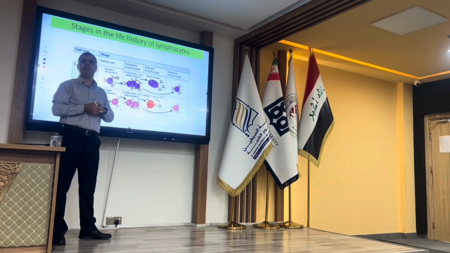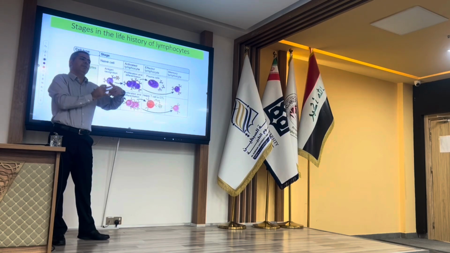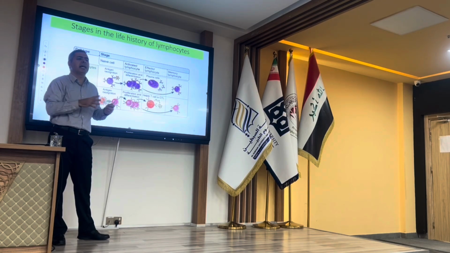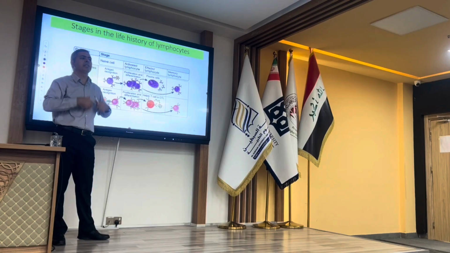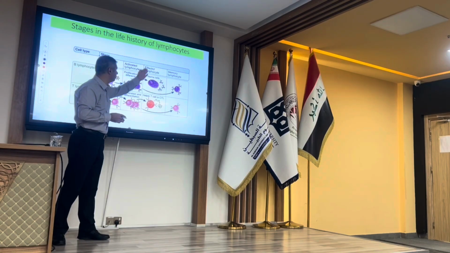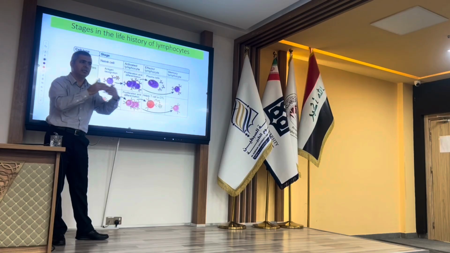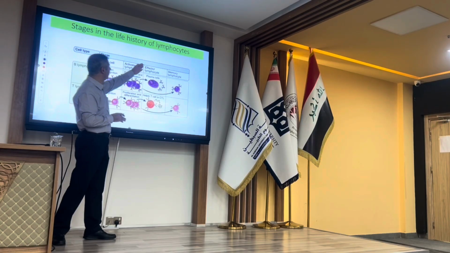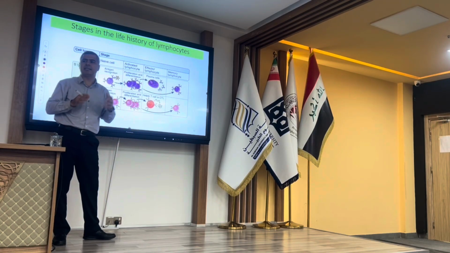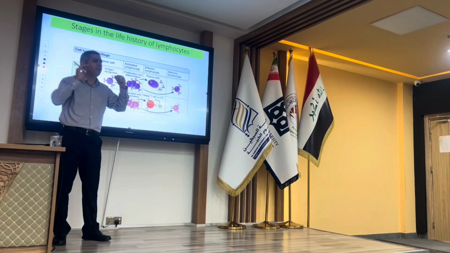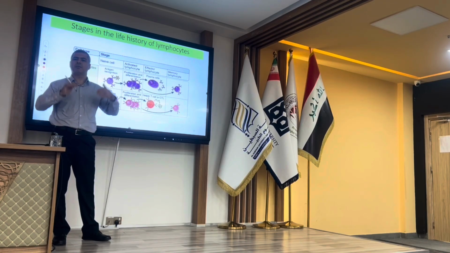Or T cells, for example cytotoxic T cells: when they are naive T cells, they cannot kill viral infected cells. But after they differentiate to effector cells, they can kill the viral infected cells. I'm talking about CTLs. So effector cells are the cells that have the capability to fight with the target cell or the microorganism.